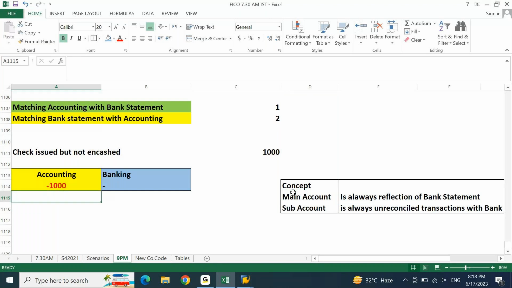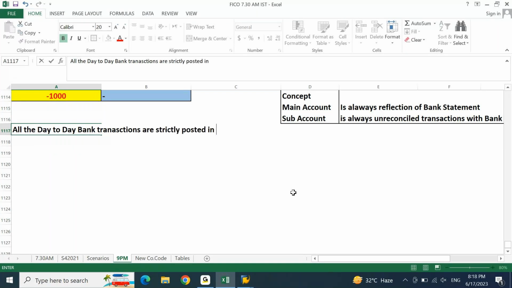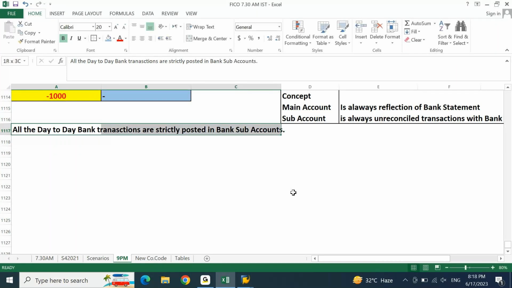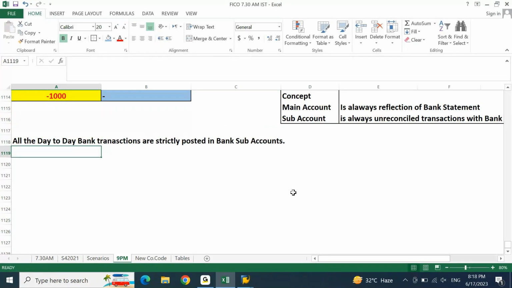In short, to write one more statement here: all the day-to-day bank transactions are strictly posted in bank sub-accounts.